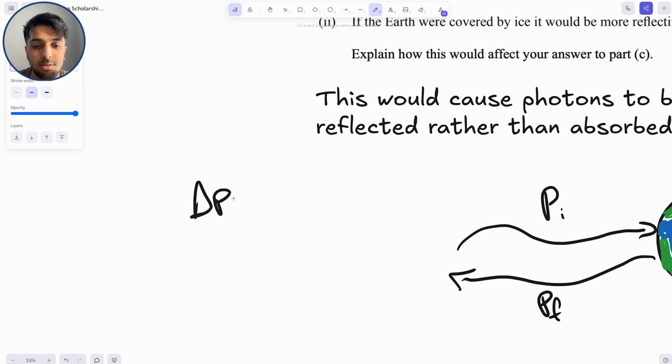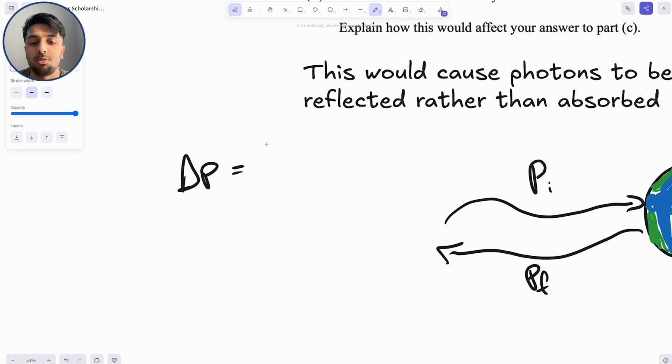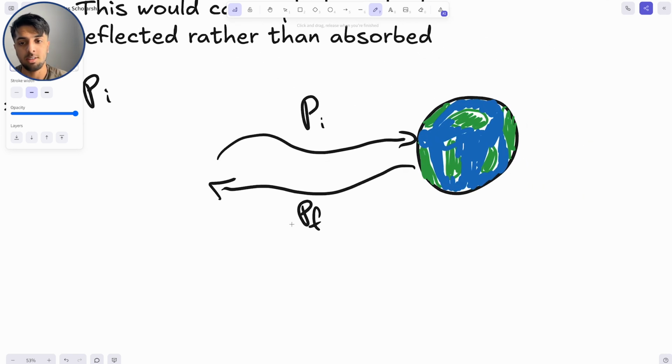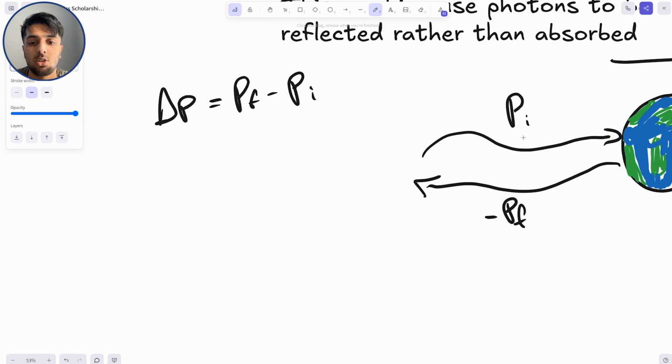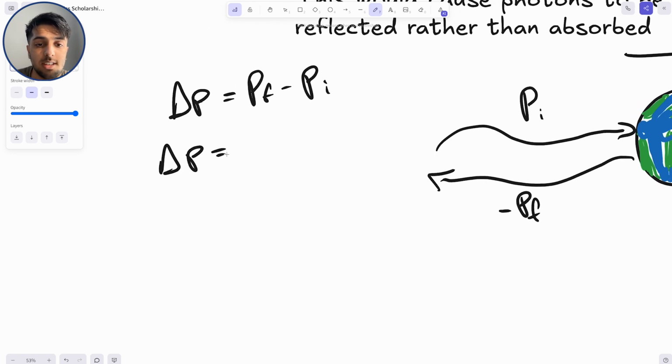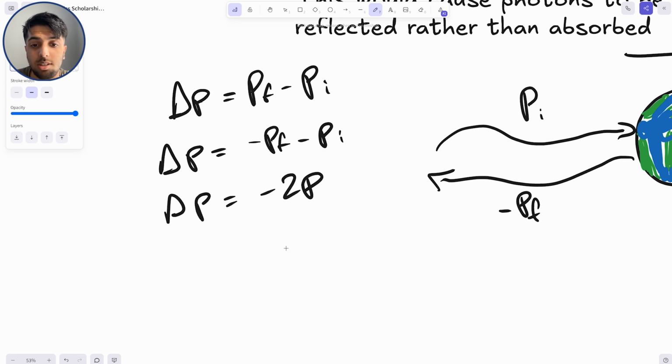And we know that delta P, the change in momentum, is equal to PF minus PI. Now, as momentum is a vector, it has direction. So this PF is actually negative, because P initial is in the positive direction. So going right is positive and going this way is negative. So that means our delta P is actually negative PF minus PI, and so delta P is actually negative 2P.